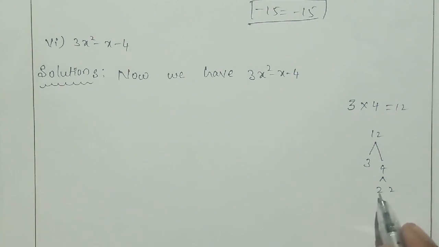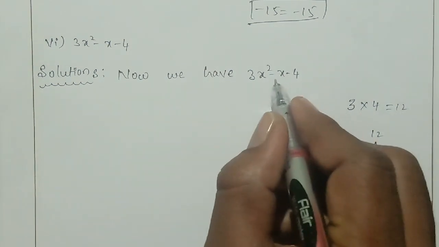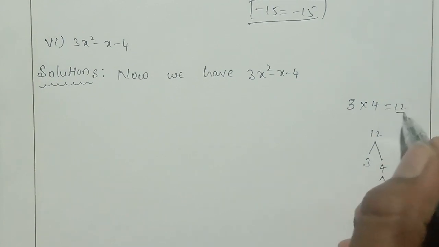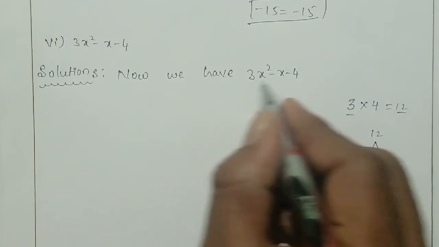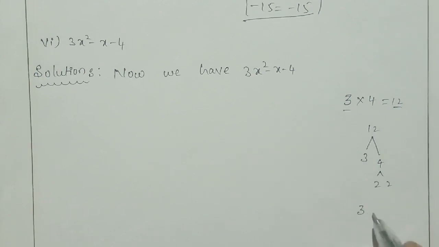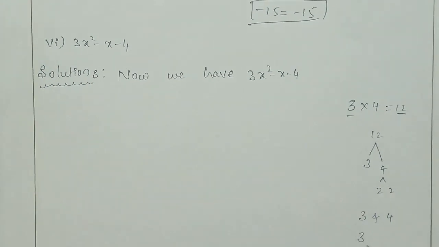When you add or subtract those two groups, you should get the coefficient of x. And when you multiply these two, you get the product of the coefficient of x square and the constant. So I will make one as 3 and another as 4. When you multiply 3 into 4, you get 12.